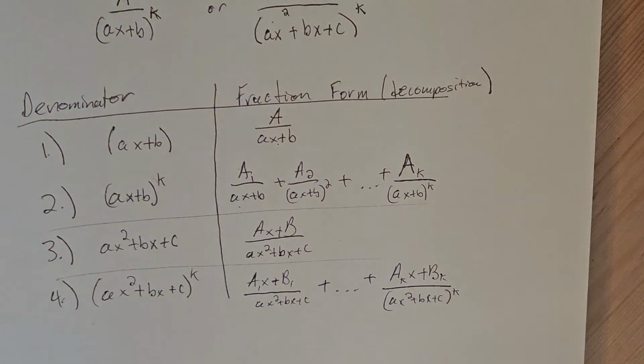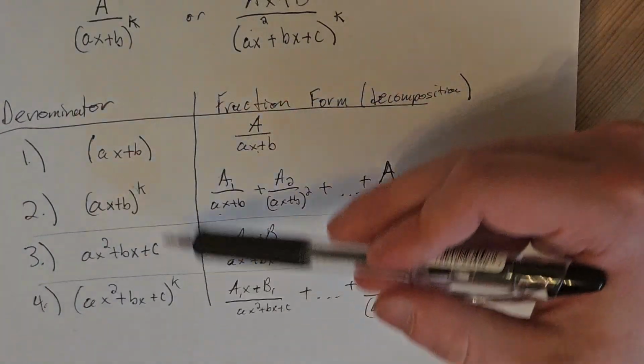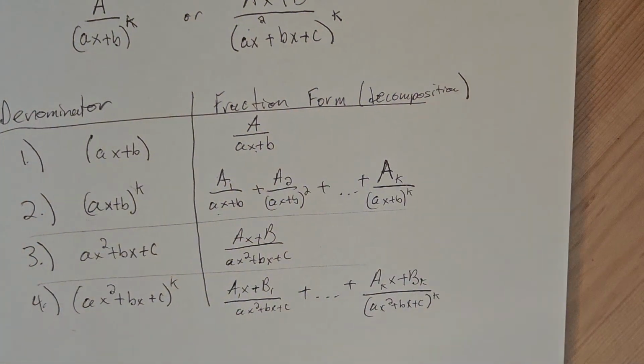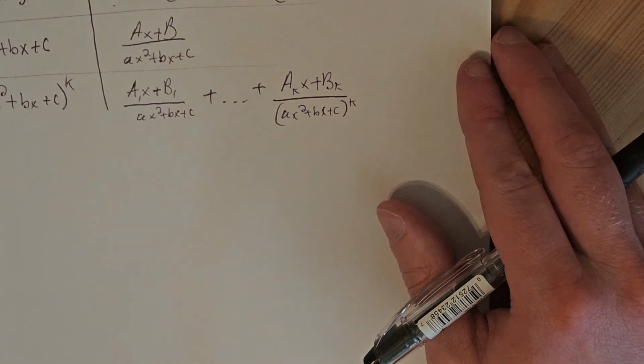So it turns out that we will always be able to write our rational function, or polynomial over a polynomial, as a sum using this pattern or this idea here. So let's go ahead and write out some examples to see what that looks like.